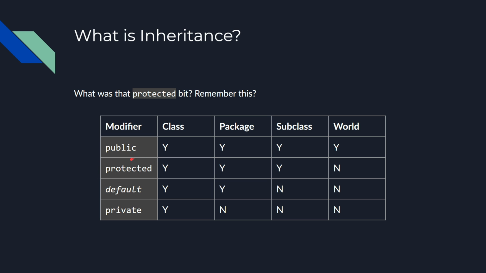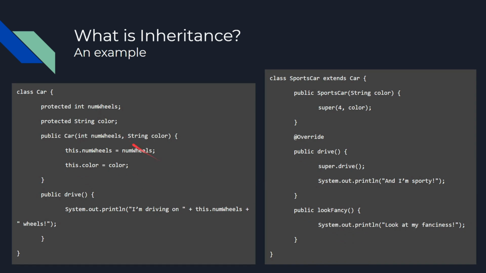Protected means that if I have another class in any package, and I subclass from this class, if a variable or method is protected, the subclass can use it. So in our example, because num wheels and color are protected, sports car can access them directly. We're not doing that here, but we have allowed it as possible.